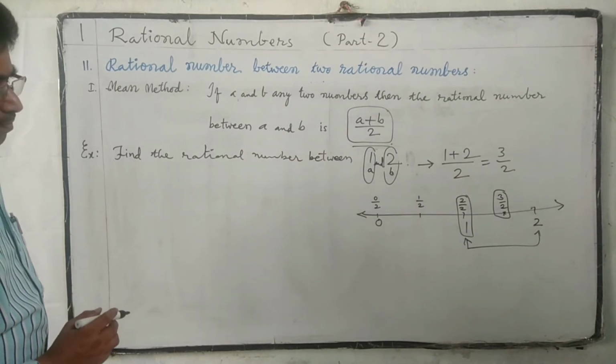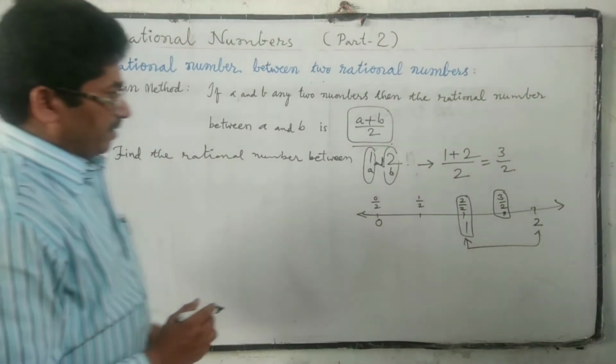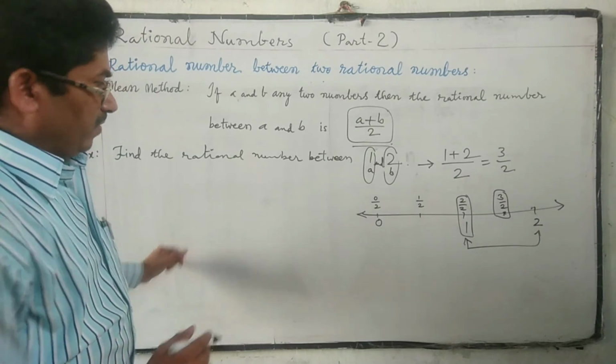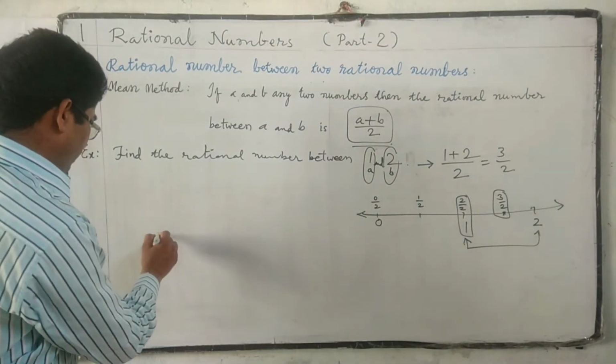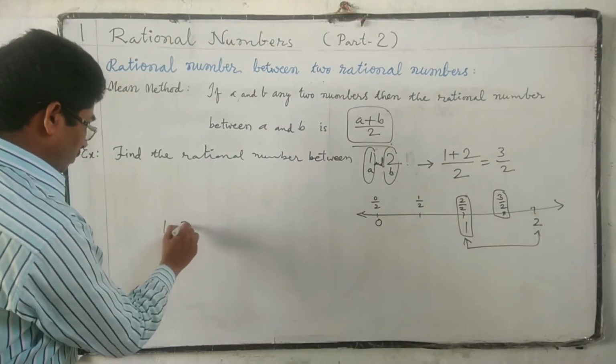Next, we can find the rational number between 1 and 3 by 2.